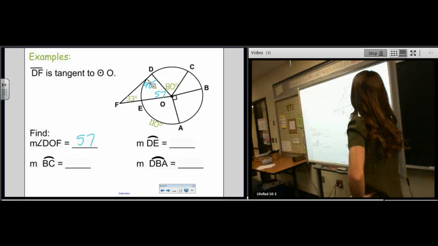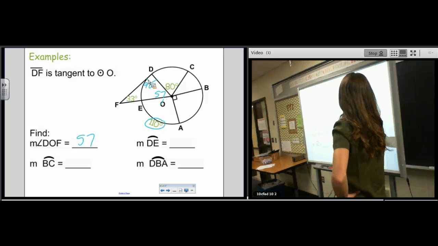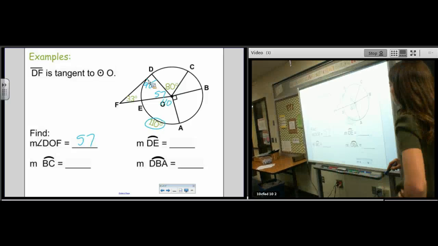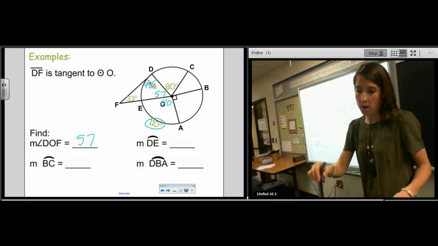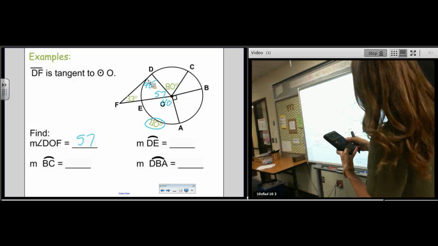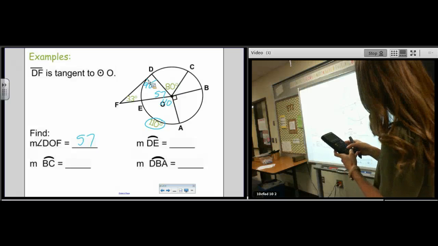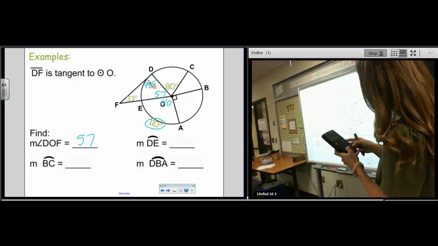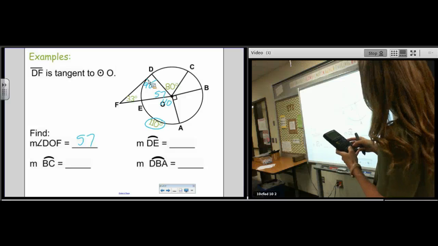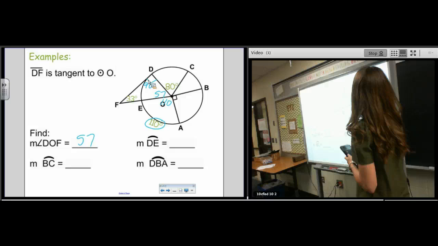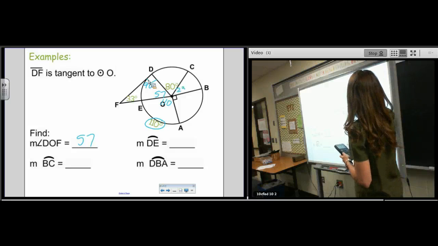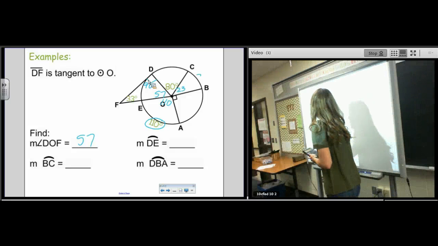All right, arc BC. Well, if we know this arc is 110, then this angle is 110 because it's central angles. And now we can add up all those numbers and subtract from 360. 360 minus 80 minus 57 minus 110 minus 90. And we get 23, which makes that arc 23.